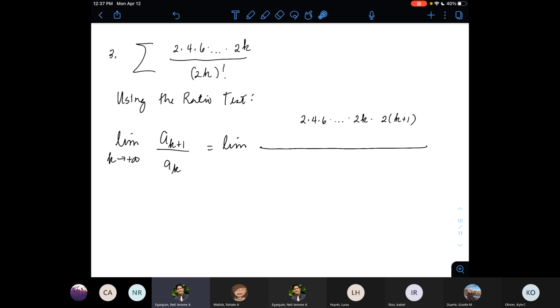Because we are replacing all k's by k plus 1, so instead of stopping at 2k, we will stop at 2 times k plus 1, right? All over, instead of a 2k inside the factorial, we'll have 2 times k plus 1 inside the factorial. All right, so I replace all k's by k plus 1. The denominator is easier. I'll just copy the entire thing.